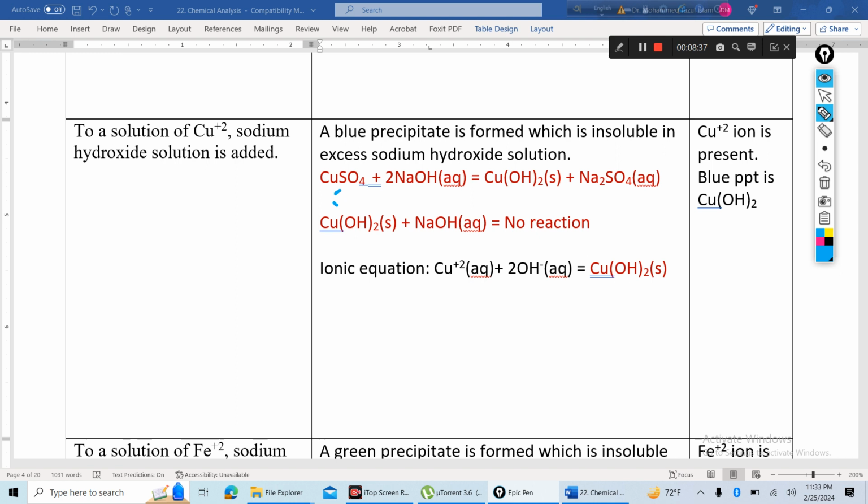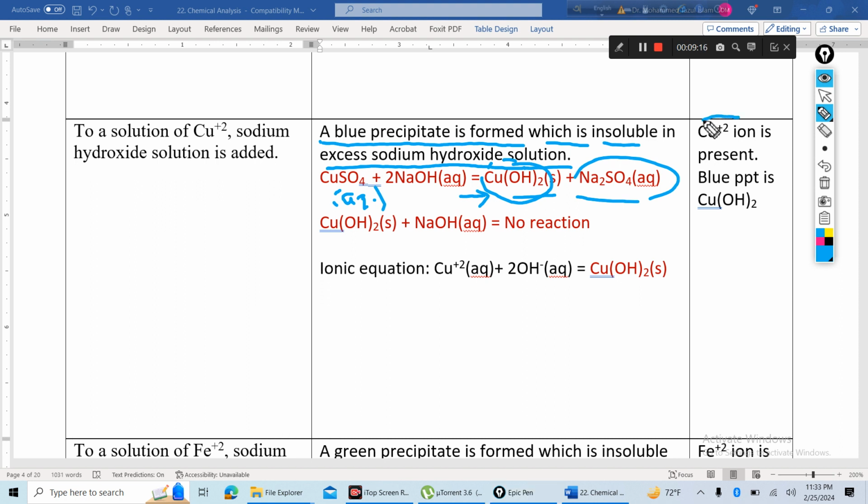Copper sulfate aqueous plus sodium hydroxide aqueous gives copper 2 hydroxide solid, which means precipitate, and sodium sulfate. You can give an arrow or an equal sign, no problem. This copper 2 hydroxide precipitate is blue. So that's why the observation will be a blue precipitate is formed which is insoluble in excess sodium hydroxide solution.